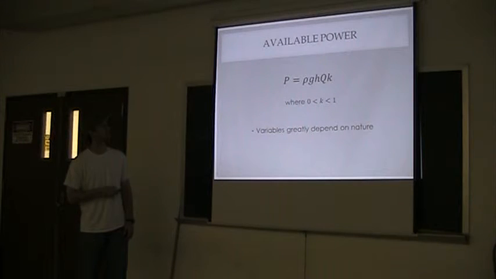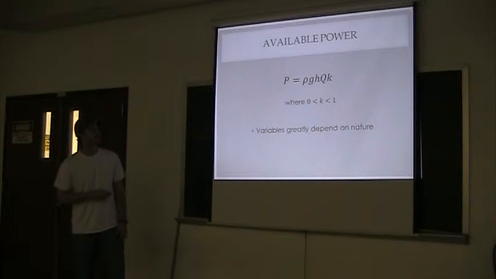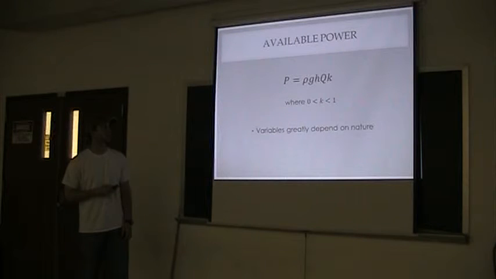As far as the available power in the water, we have the density of water times gravity, times the height, multiplied by the volume flow rate, as well as K, which is an efficiency factor. That's the efficiency of the turbine, generally between 0 and 1. In recent times, that's gone up closer to 1, so that's one thing they're working towards.